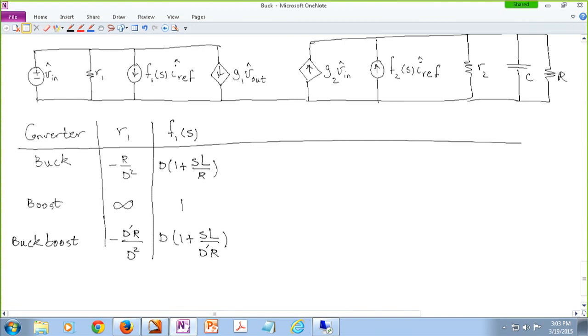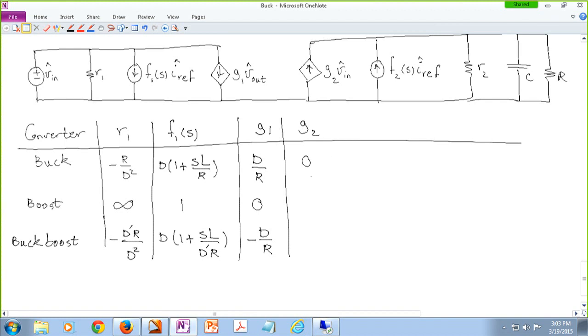All right. What about gain of G1? It is D over R. For the boost, on the input side, we have nothing. And for the buck boost, it is negative D over R. What about G2? For the buck, we had nothing.